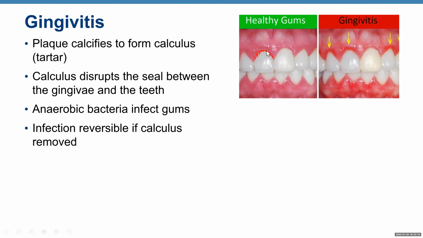So when this calcifies and forms this calcified plaque, then we have bacteria that start dividing in this area between your gums and teeth that causes inflammation of gingiva, your gums.